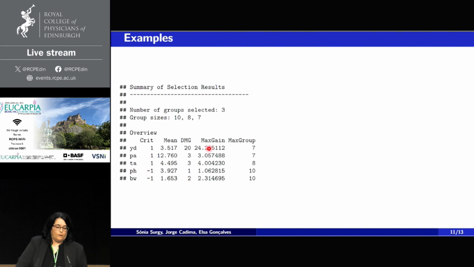So we can see, for example, that for yield, we have a gain of around 24% in the group of 7 genotypes, while for total acidity, the maximum achieved was 4 in the group of 8 genotypes.